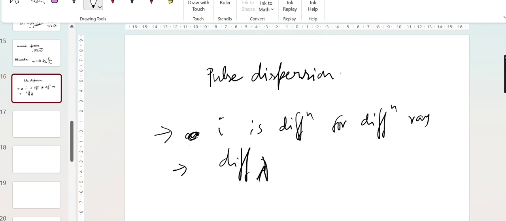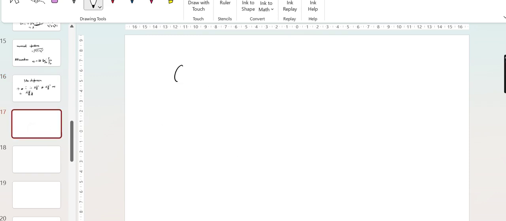But the very easy way to solve it is using a graded index optical fiber.